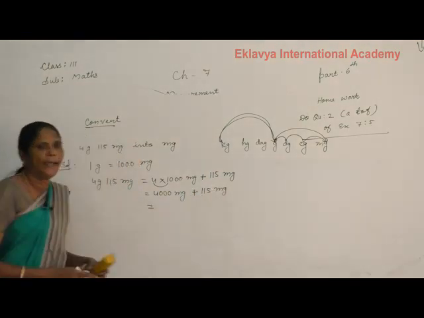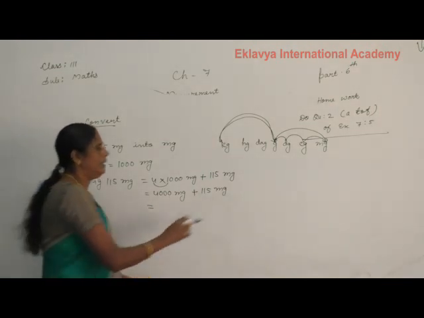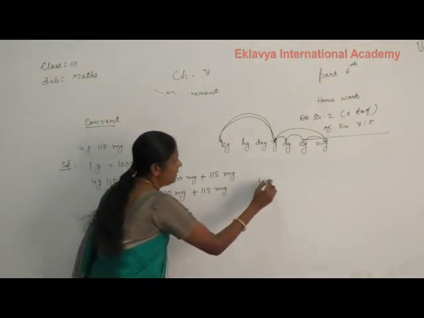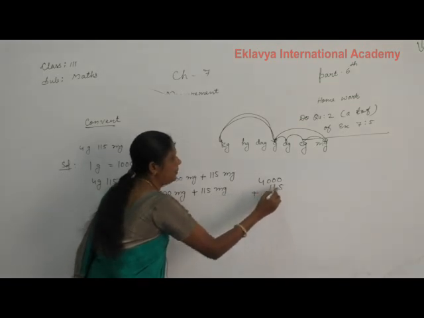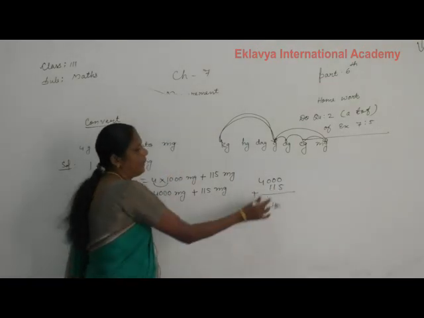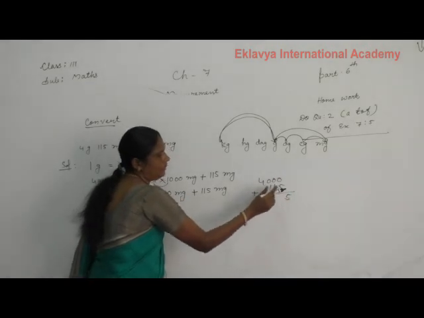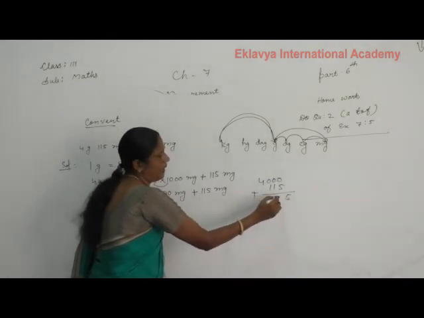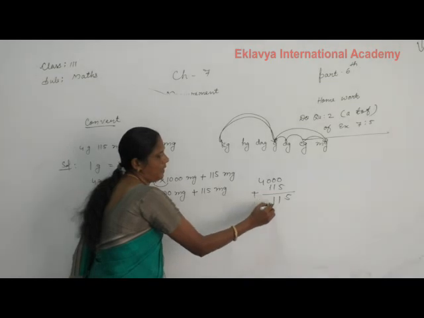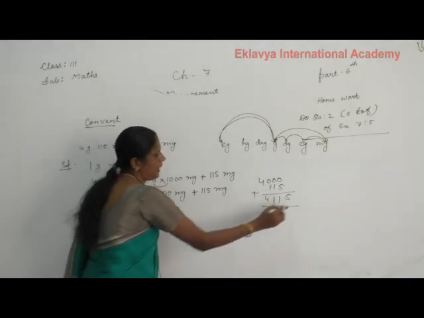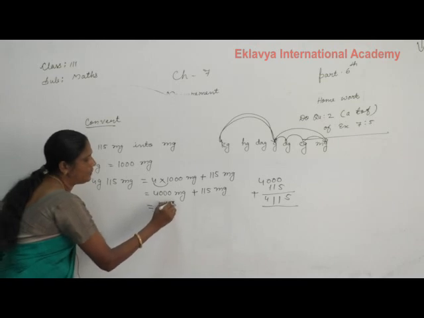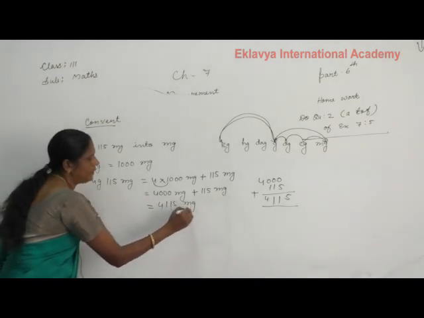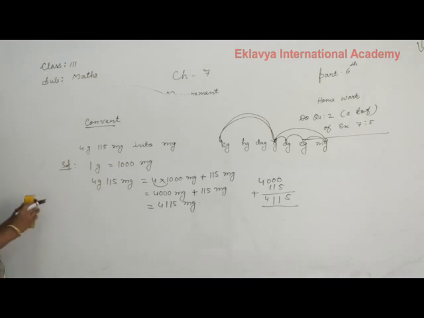Now add these two numbers: 4000 plus 115. Add 5 plus 0, 5. 1 plus 0, 1. 1 plus 0, 1. Then 4. You are right, 4115 mg. Understand?